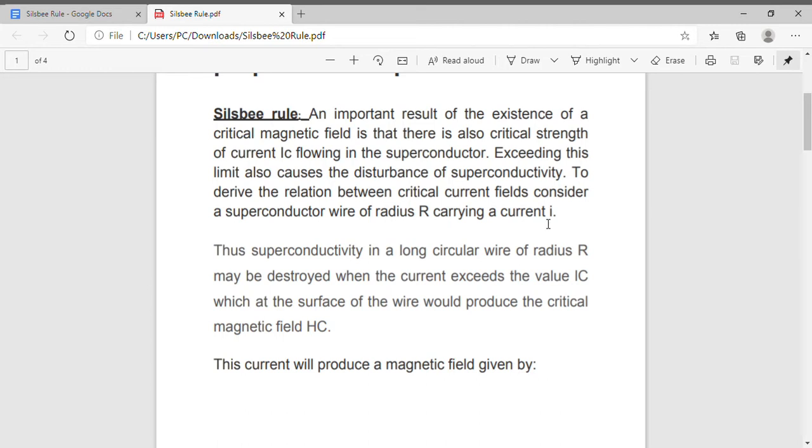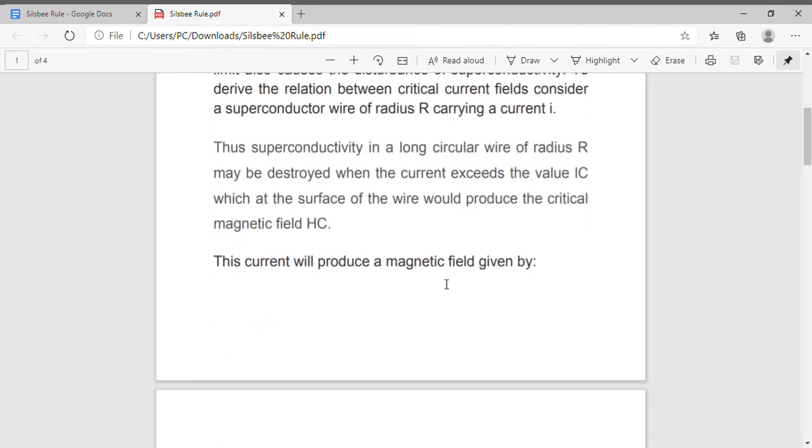It is found that at a value I equal to Ic, the current becomes the critical current. Above this current, the material will become normal. That means this is the minimum value of current that is needed to destroy superconductivity.